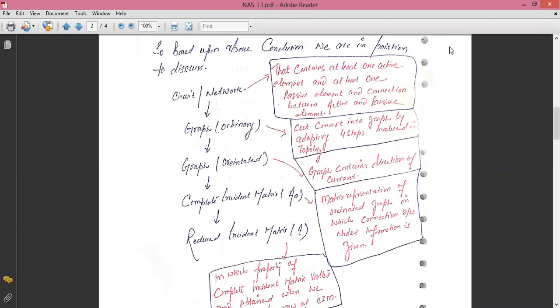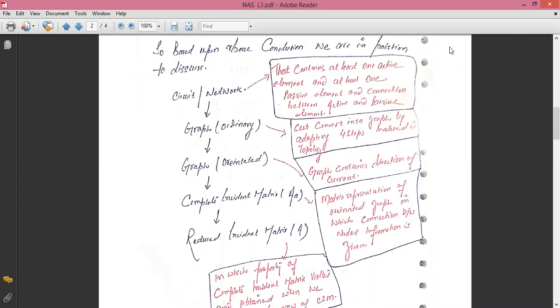So there is also a connection between the active and the passive element. When this happens, it is called a circuit. So in network topology, you are always given a circuit or a network.